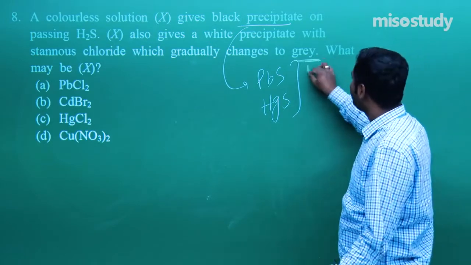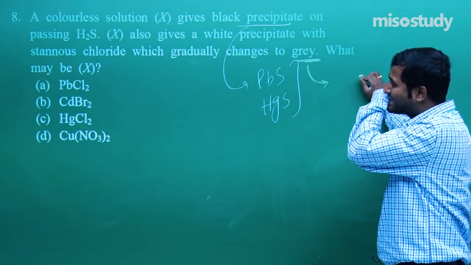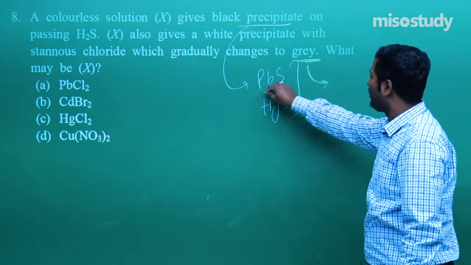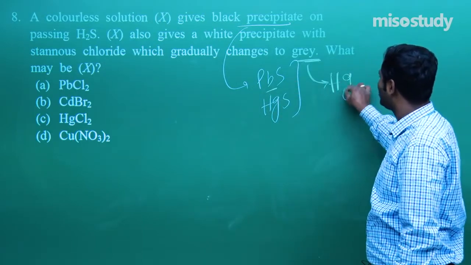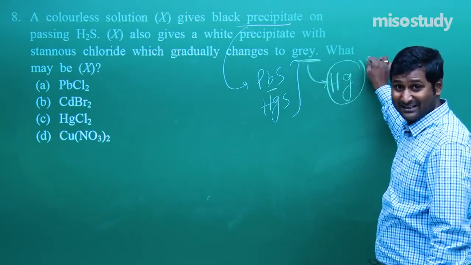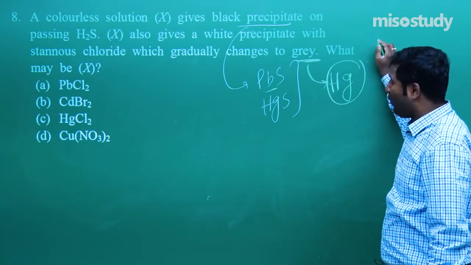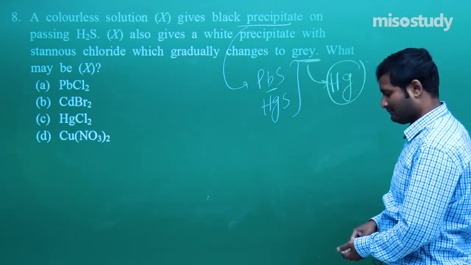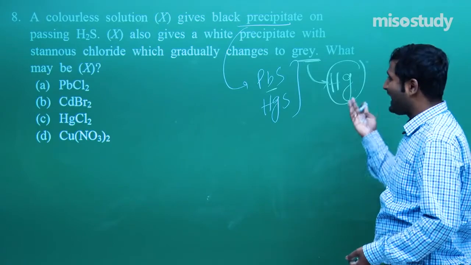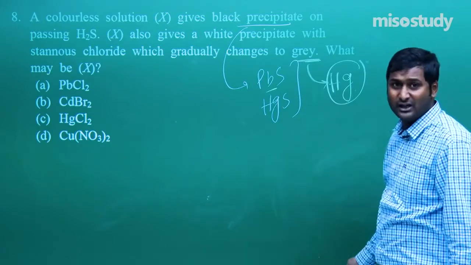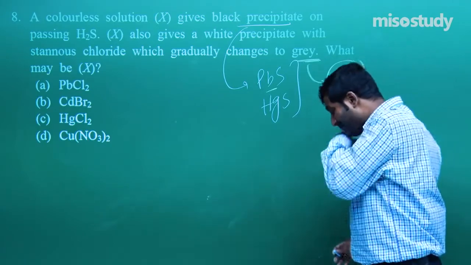Gray color, that is, tell me, sir, it's simple. The gray color, not Pb, the gray color is Hg. I have discussed it in salt analysis also. What may be the X? Completely, the X is a compound of Hg, a compound of mercury.